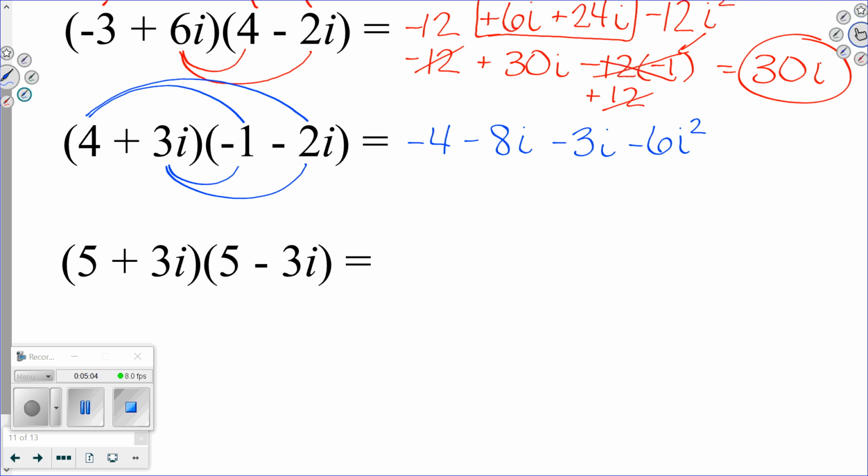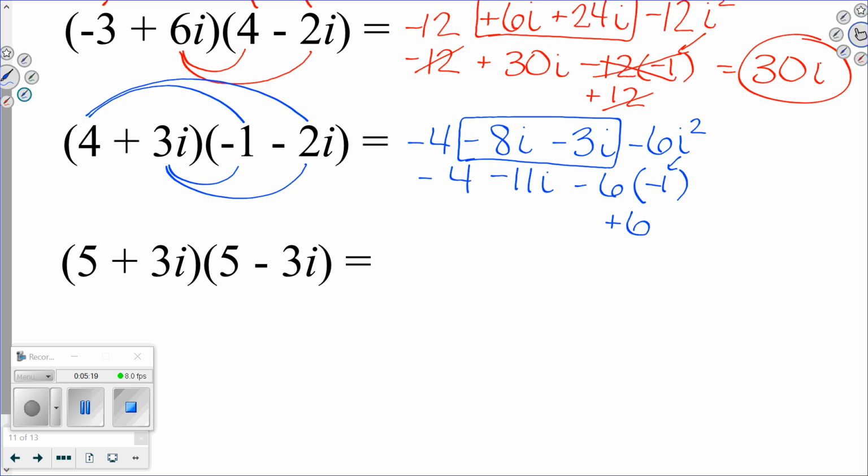All right, then we got to clean it up. In the middle, you have like terms. That's going to give you negative 11i. And then I know the i squared, that's going to become negative 1 inside there, which makes that positive 6. So then I have negative 4 plus 6, which is 2. And I have minus 11i.